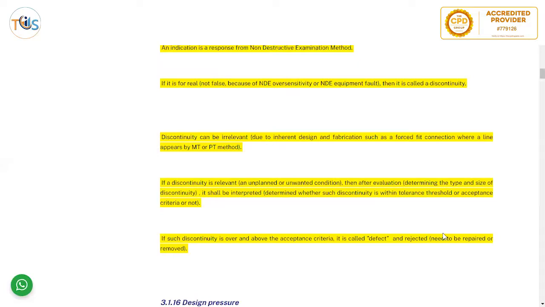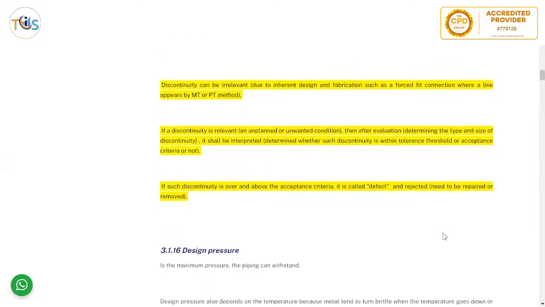If a discontinuity is relevant, an unplanned or unwanted condition, then after evaluation, determining the size, type, location of the discontinuity, it shall be interpreted, which means it should be determined whether such discontinuity is within the tolerance threshold or acceptance criteria or not. If such discontinuity is over and above the acceptance criteria, it is called a defect and rejected, needing to be repaired or removed.